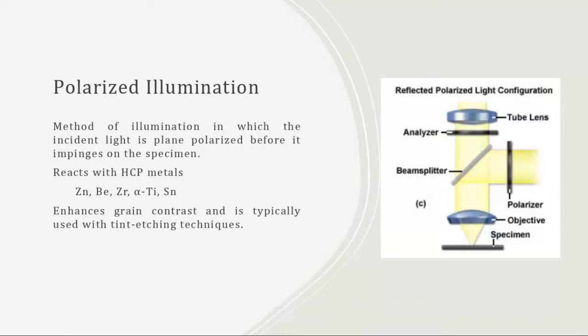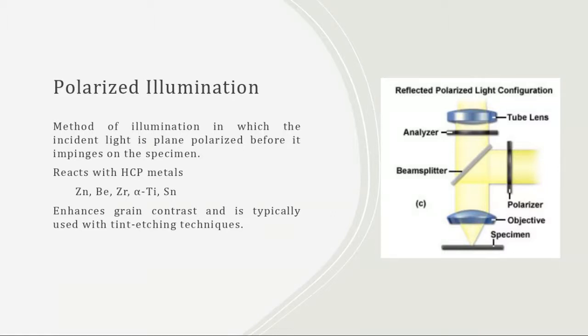So polarized illumination, what's nice about this, depending on some of your materials, you may not even have to etch, and it'll produce better results than etching your sample. So this uses an incident light, and the plane is polarized before it impinges on that specimen.